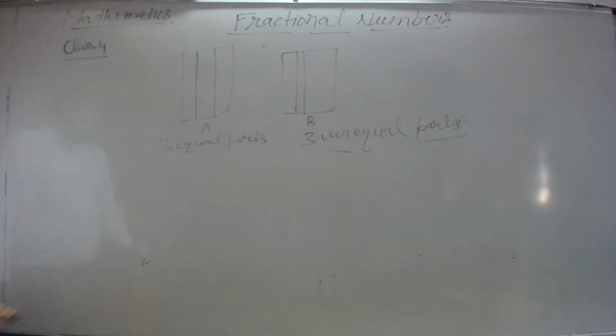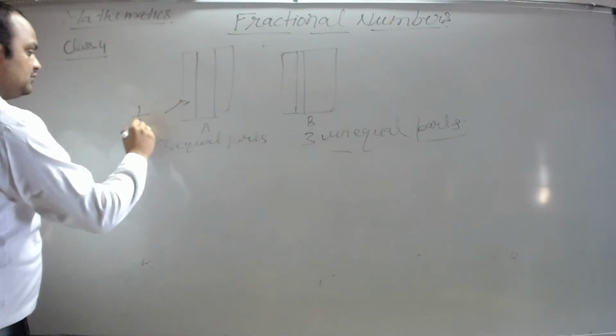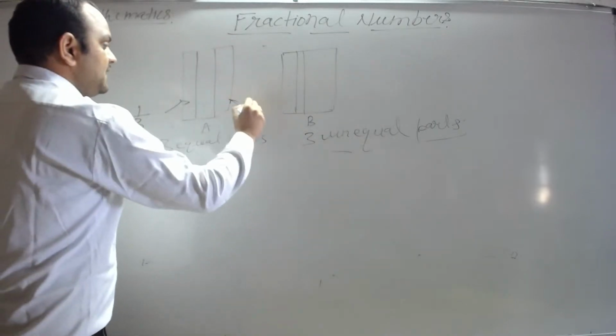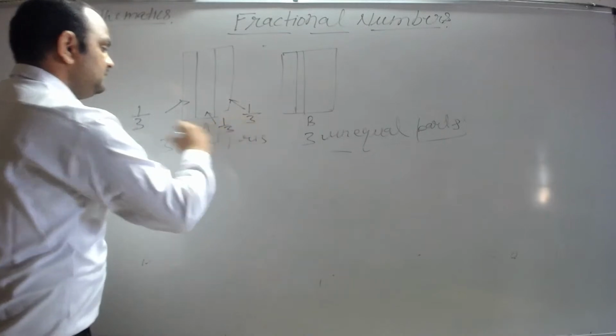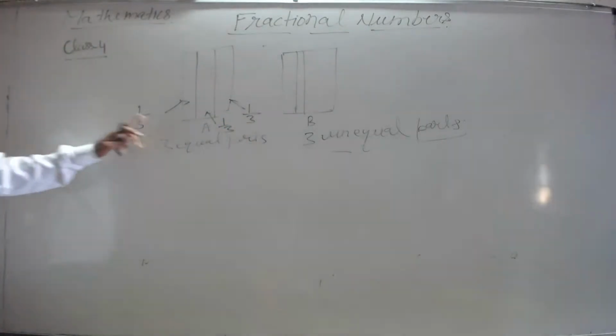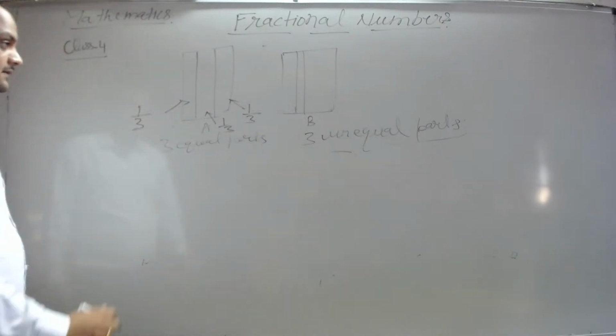So this will be 1 out of 3, 1/3. Each equal part of a whole is called 1/3.